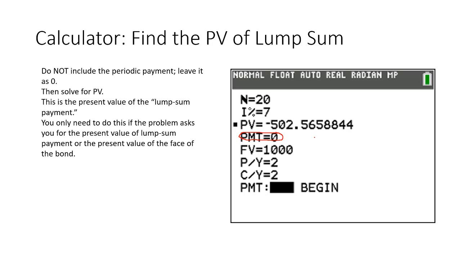Leave that as 0. Keep everything else like you did before, and then solve for present value. That is the present value of the lump sum payment, the present value of the face of the bond. So the present value of this $1,000 bond, just that part, is $502.57.